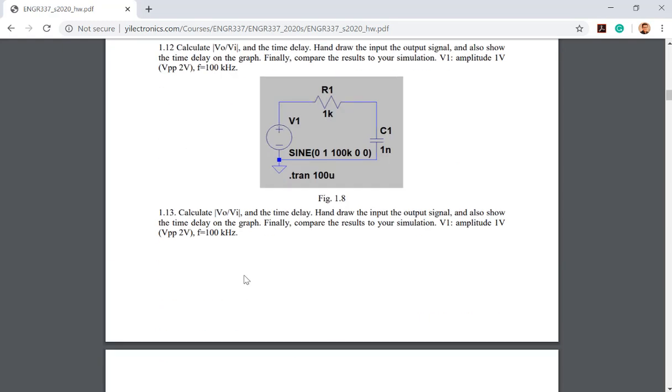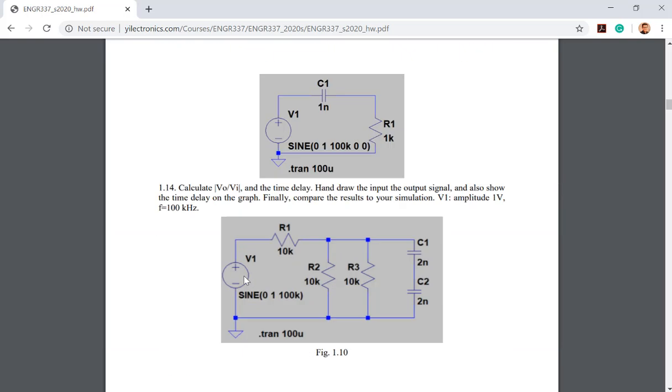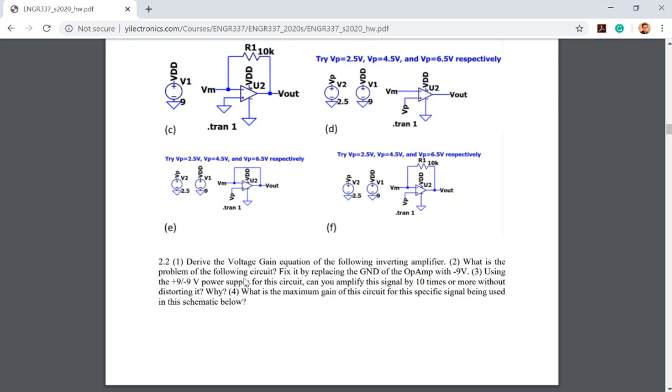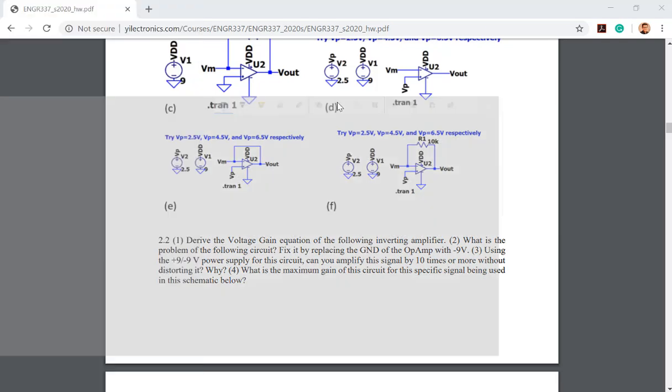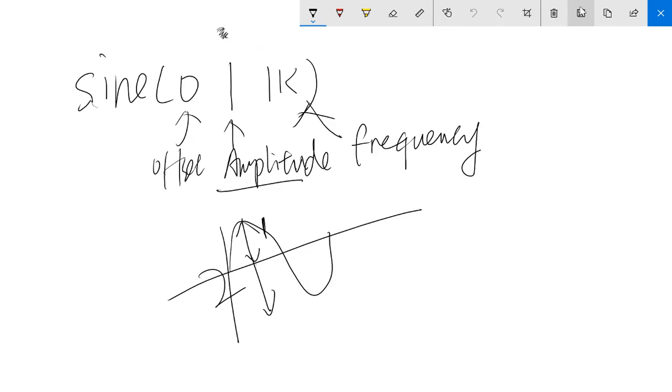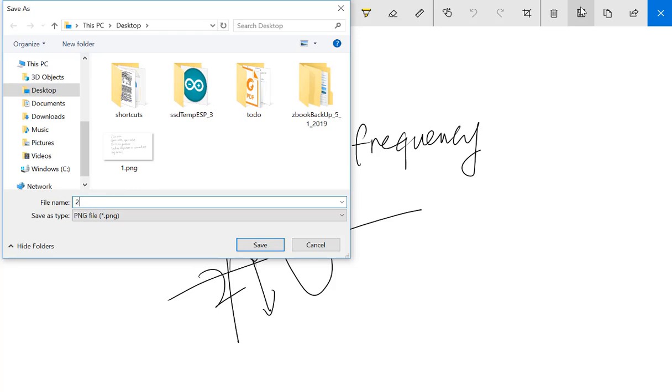We have done this a few times in the quizzes and also in the homework assignments and also in the midterm, I believe. So you need to understand how to design a multi-stage op-amp. Keep in mind, let me write it down here. So I will save this. Page 2.